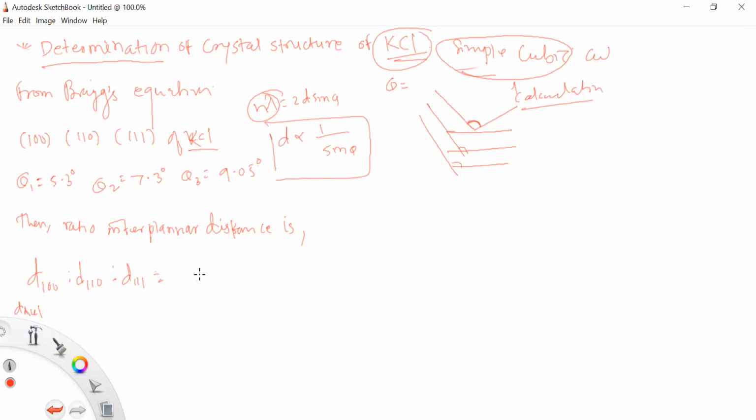So d is equal to, or d proportional to 1 upon sin theta. आता sin theta काय असणार आहे, तर for this one, 1 upon sin 5.3 degree is to 1 upon sin theta 2, that is 7.3 degree, and 1 upon sin theta 3, that is sin 9.05 degree. When you find out sin 5.3 degree, sin 7.3 degree, and sin 9.05 degree, so we'll get the answer for this one.